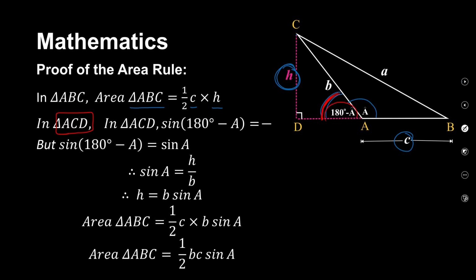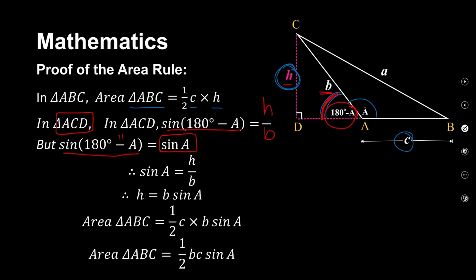So sine of 180 degrees minus A will equal opposite over hypotenuse, so H over B. Our opposite was H, and our hypotenuse in this triangle was B. And then we have to remember that sine of 180 minus A from our trig rules, because this is second quadrant, is just equal to sine of A.